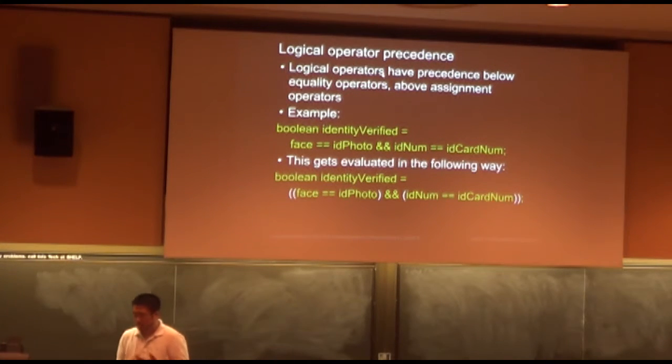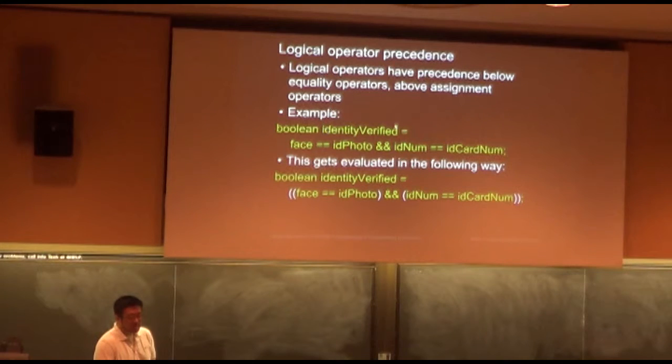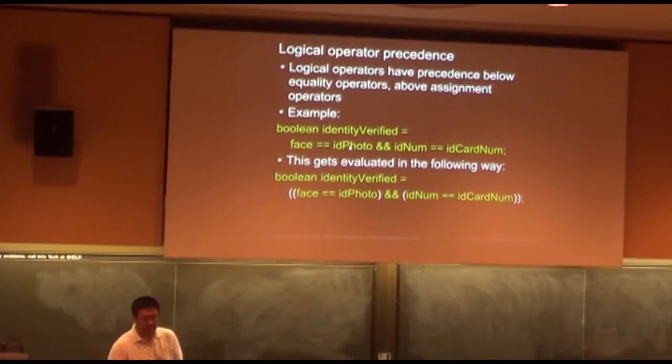When we learn logical operators, we need to know their precedence. It's important to know that their precedence is below the equality and inequality operators, but above the assignment operators. Think of the driver's license criteria: if you're checking somebody's identity with ID numbers and a photo, then if the face is equal to the ID photo and the ID number is equal to the card number, we would evaluate this as true or false.